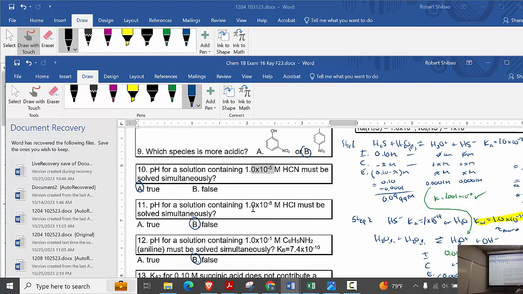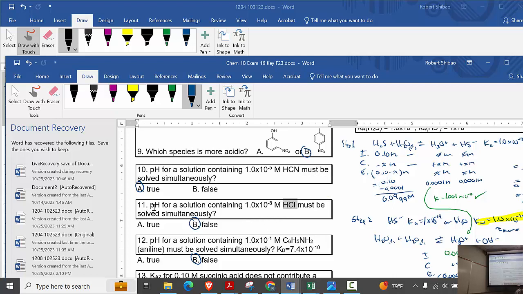Number 11, we did this one in class, and so we did this one stepwise. The original thinking was the pH was going to be 8, but that's base, so it couldn't be 8. And since HCl is a strong acid, step 1 is not perturbed, regardless of how much additional hydronium is produced in step 2. So 11 is stepwise.